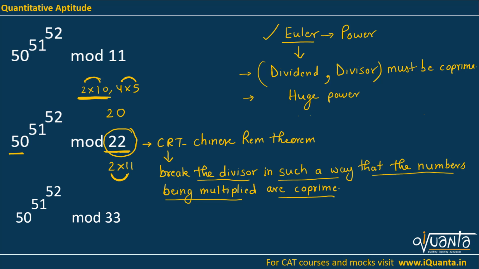So that means this pair will be used to apply CRT. So the first step is to break down the divisor into multiplication of two numbers that are coprime to each other. And if there are multiple pairs, you have to choose that pair in which the numbers being multiplied are coprime. So I hope you have properly understood this.